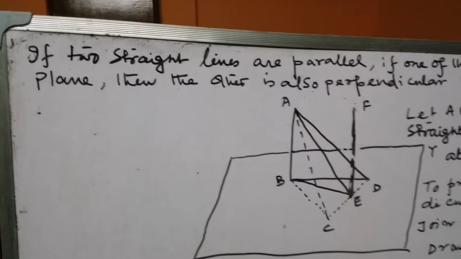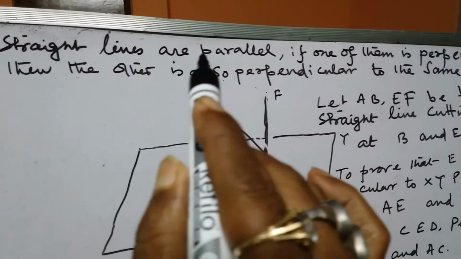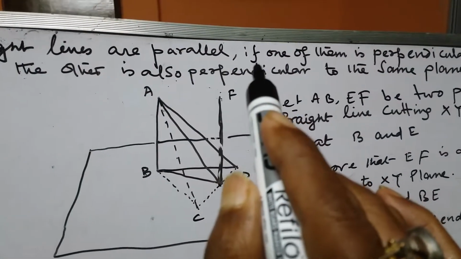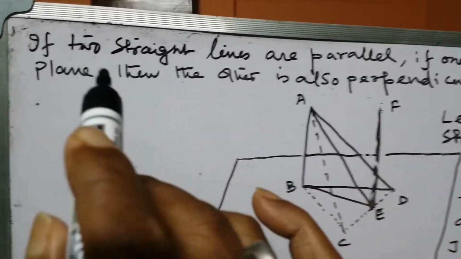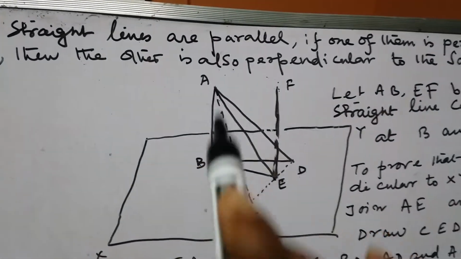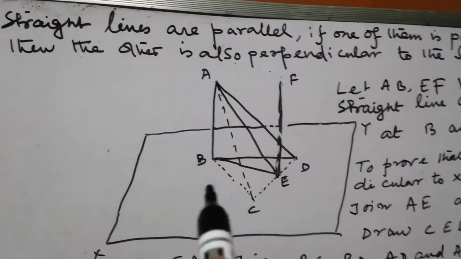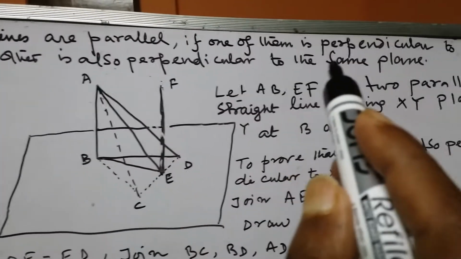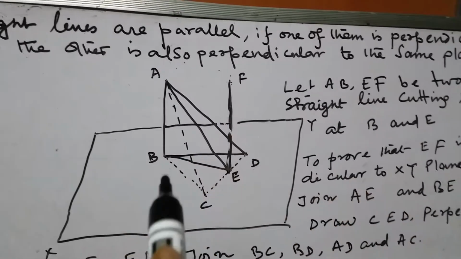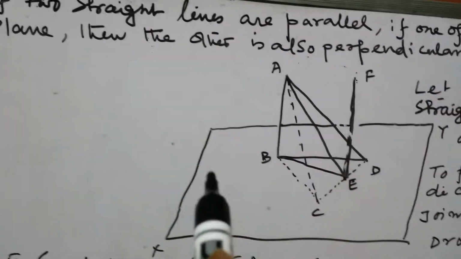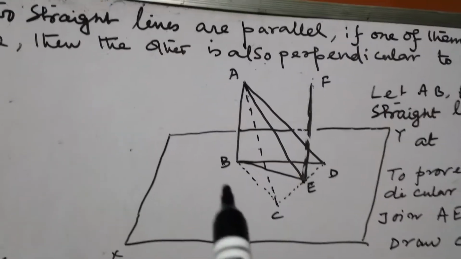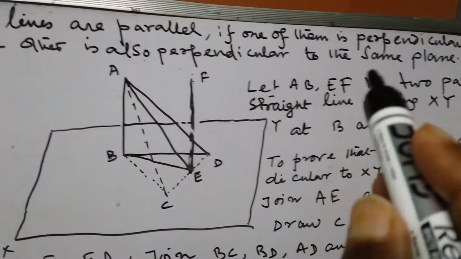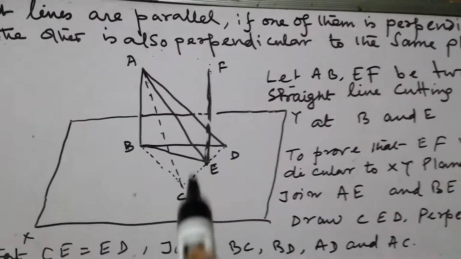Today I will teach you that if two straight lines AB and EF are parallel, and if AB is perpendicular to a plane, the XY plane, then the other is also perpendicular to the plane.